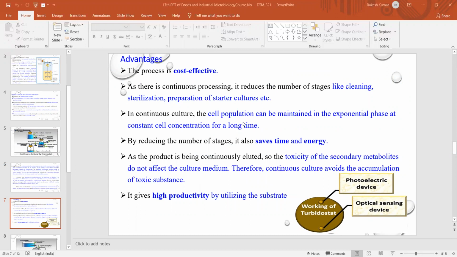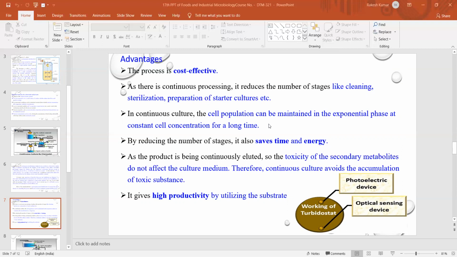In continuous culture, the cell population can be maintained in the exponential phase at constant cell concentration for a long time. As all of you know, the logarithmic or exponential phase is very important as far as the fermentation process is concerned, and as far as the different types of desired metabolites or end products are concerned.